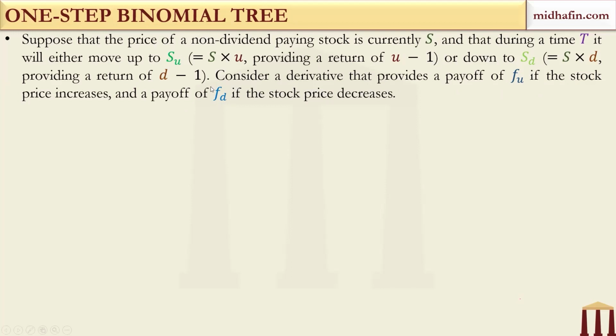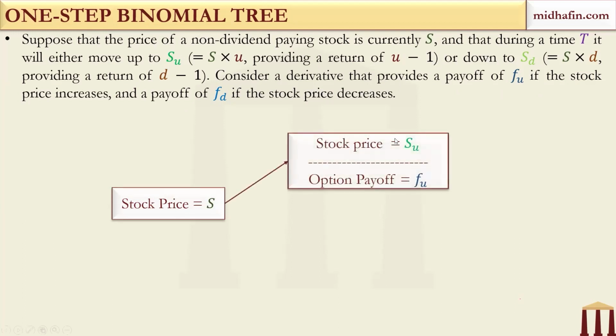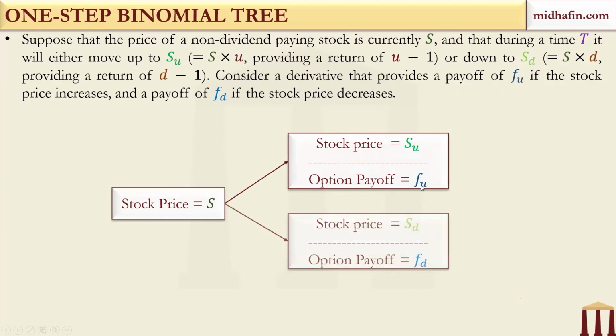So this is today's scenario, S. Then you have the up scenario, where the stock price goes up, and since we are talking about options only, the derivative under consideration is an option. So the option payoff is FU. The second scenario is that the price can go down to SD, and in that case the payoff will be FD.